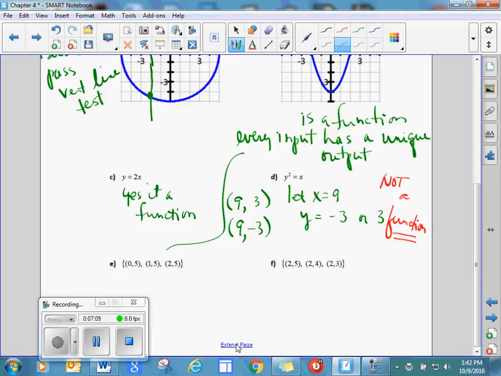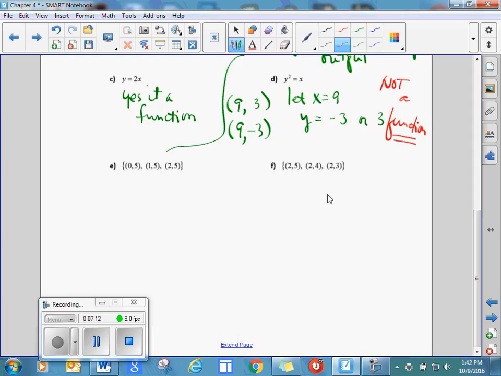And then finally, let's look at these 2 sets of ordered pairs. These I think are really easy. Matter of fact, these are probably my favorite way to be given the chance to say whether it's a function or not, because all I'm looking for is, are the x's unique to the output? So the x value does not repeat.